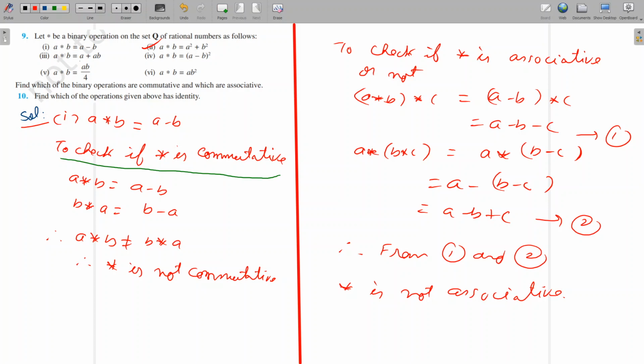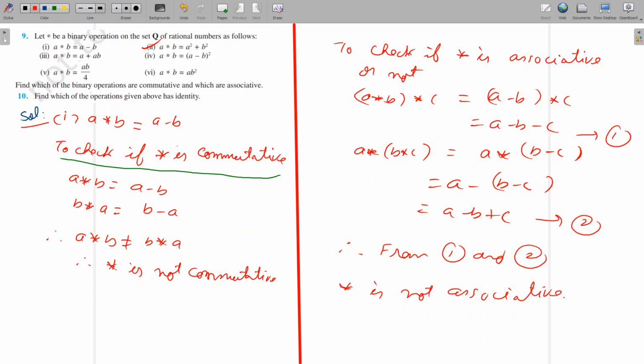Fifth part is a very simple one. A star B is AB by 4. So B star A will be BA by 4, and we can write it as AB by 4. So it will be commutative, and it will also be associative. You can see that if you find A star B star C, that will be AB by 4 star C, and that will give us AB by 4 into C by 4, and that will be ABC by 16.